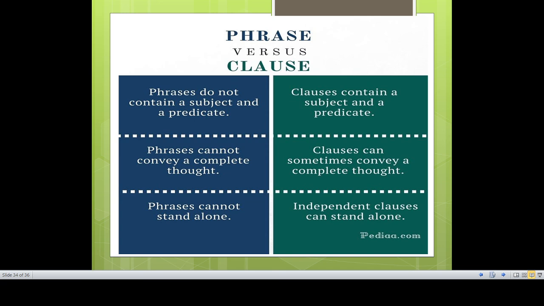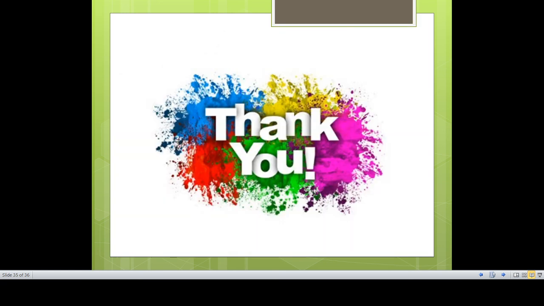Phrases cannot convey a complete thought, whereas clauses cover the complete thought of a sentence, like a complete regular sentence. Phrases cannot stand alone, and independent clauses can stand alone. Here again, not all clauses can stand alone. Just independent clauses can stand alone, and dependent clauses cannot stand on their own.